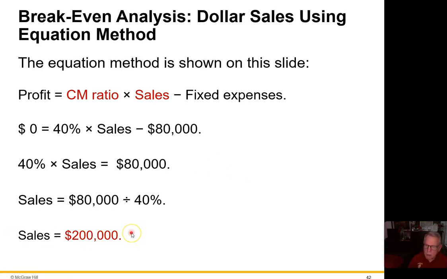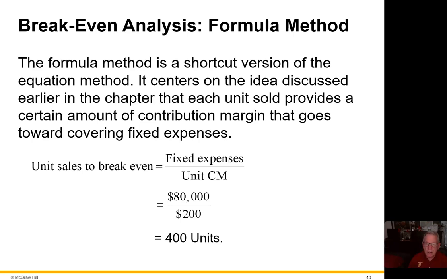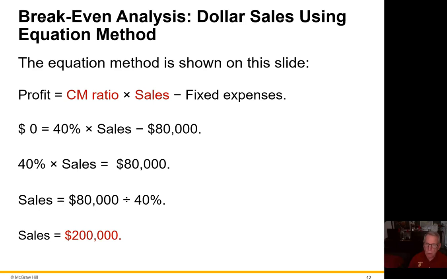So that would say that sales is going to be 200,000. Now, I'm going to go back. When we calculated the units, it was 400 units. We could also multiply that 400 units times the $500 selling price and get that same $200,000 in sales.